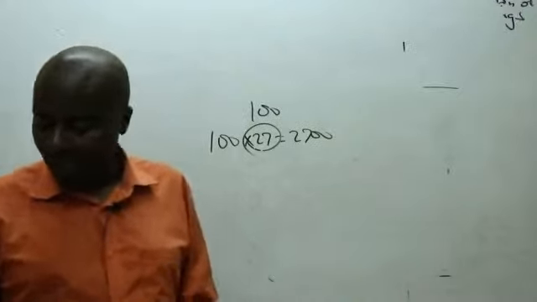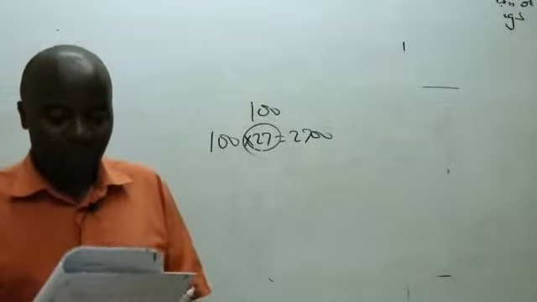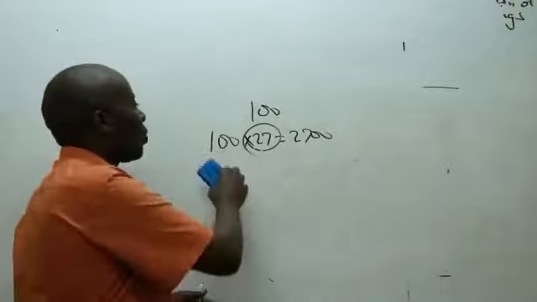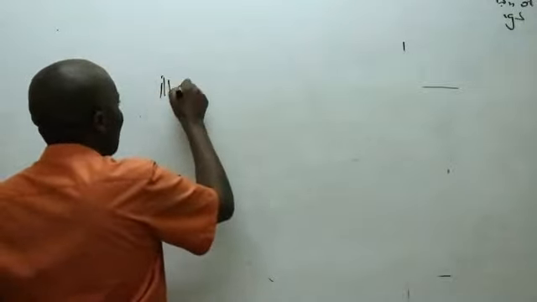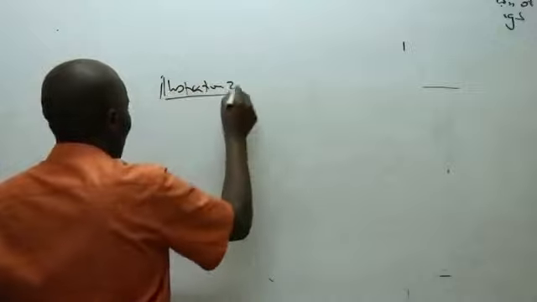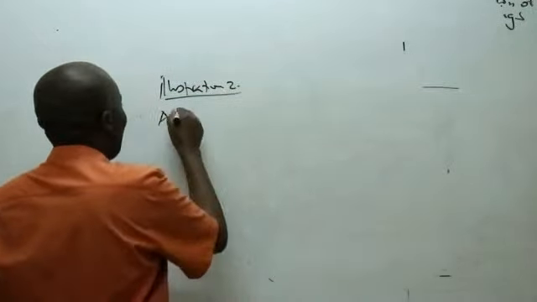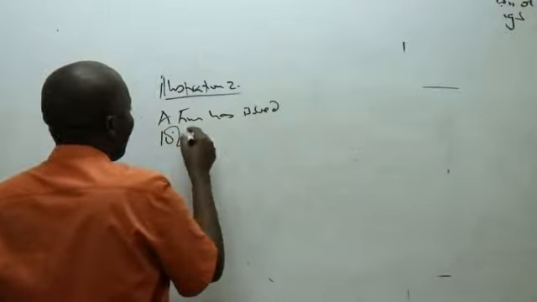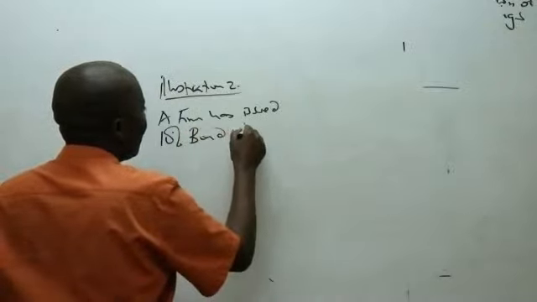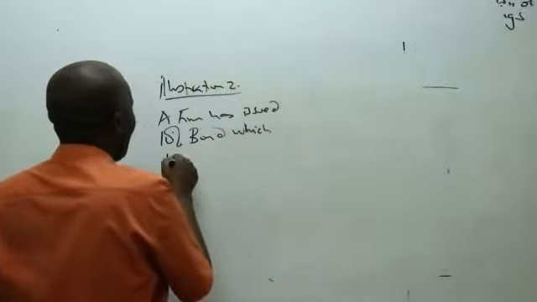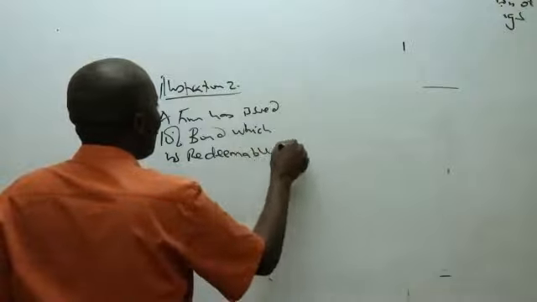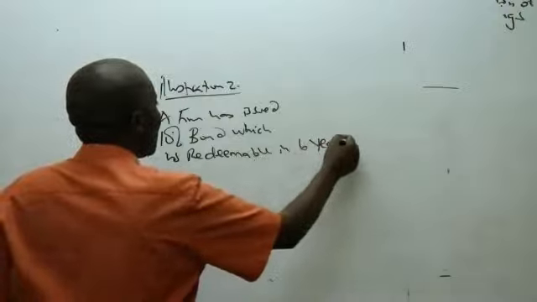Now, ladies and gentlemen, without wasting much time, I can give you another example to try. Here we have illustration 2. They have given us a firm that has issued a 10% bond, which is redeemable in 6 years' time.